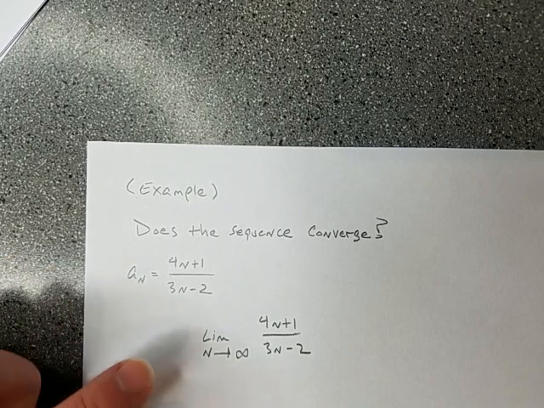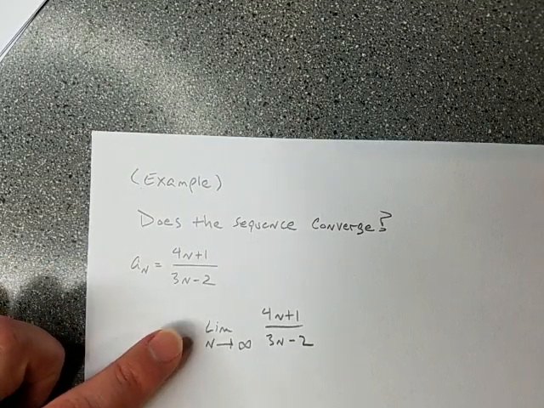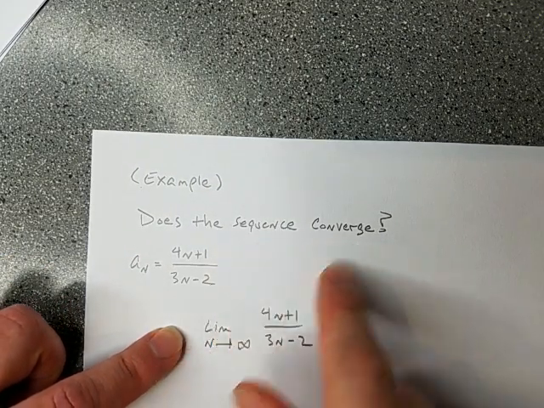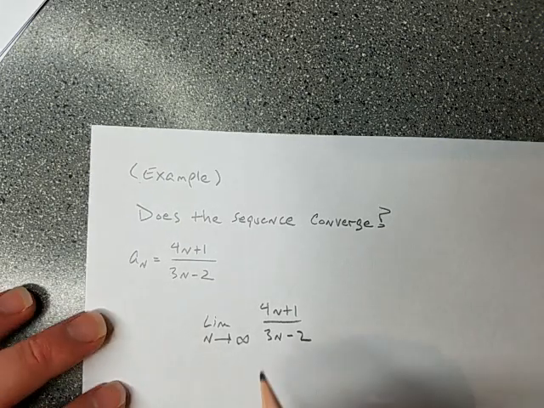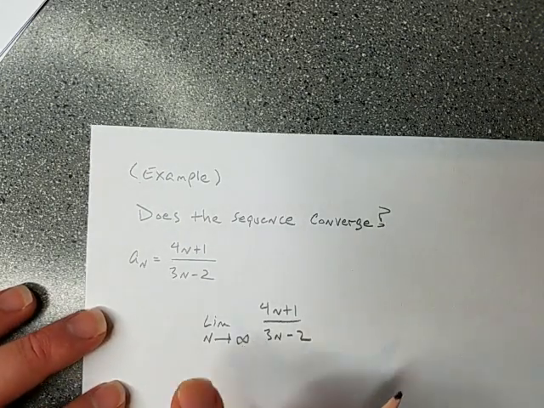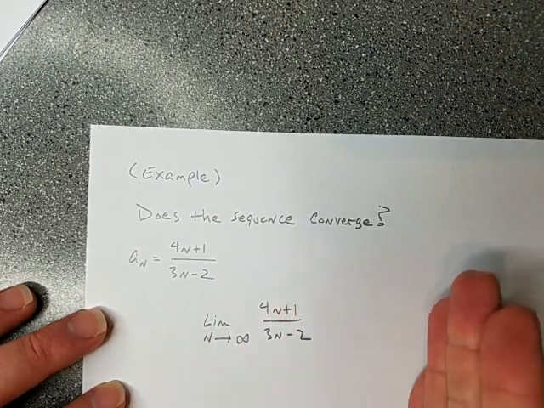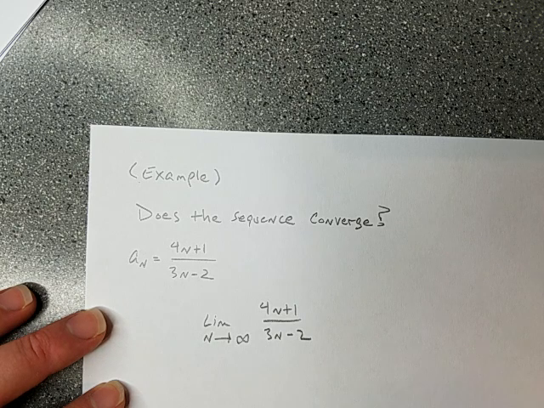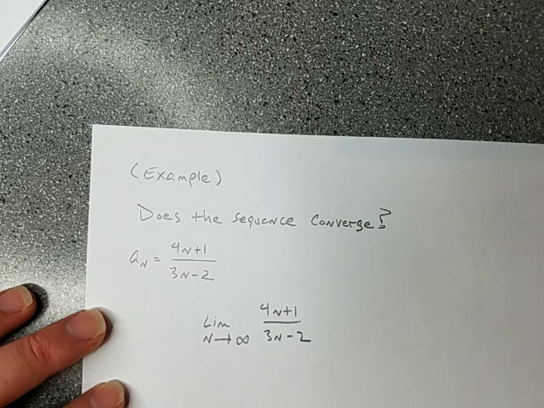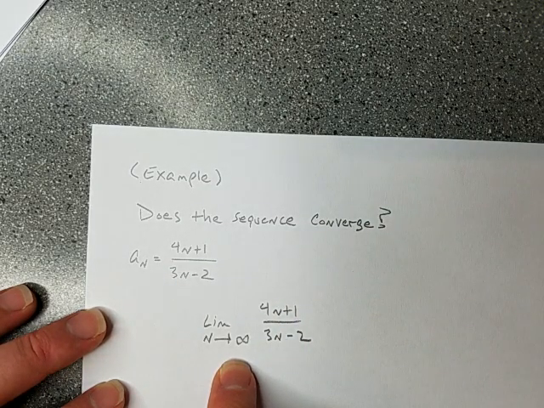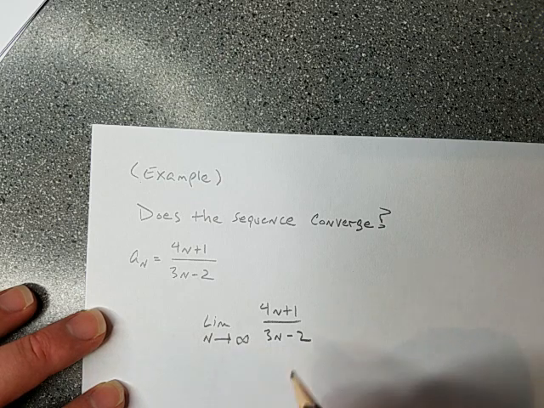If I was going to do this limit to explore whether this sequence converged or not, n going to infinity is just saying I'm looking way down the list to see what's there. I'm going to see if the terms are getting closer and closer to something as you go way out there. So here's what we'll do with this one.